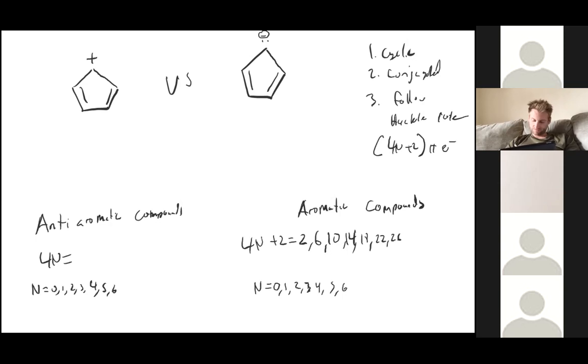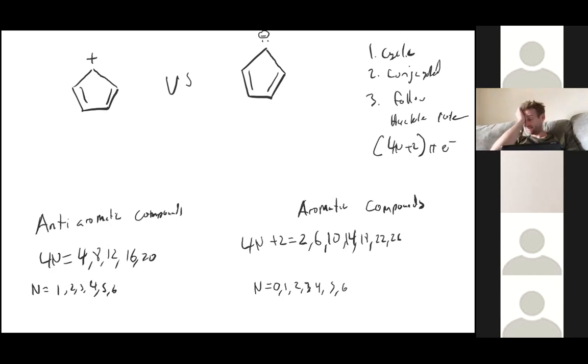Let's start with 1 on this. So you're having 4 pi electrons, 8, 12, 16, 20, etc. N is not going to correspond to a specific thing, like your number of double bonds isn't going to equal n. You're just looking at the total number of pi electrons and then seeing which of the two categories it fits into.